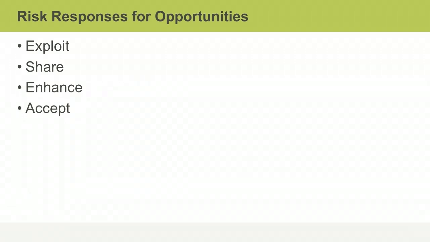To exploit a positive risk is to make the most of an opportunity by eliminating uncertainty in the project to ensure that it happens. This may involve changing a project's objectives, schedule, or budget. The project manager might achieve this by reducing the time period to complete a project by bringing in more qualified resources or by improving the level of quality that was originally planned.